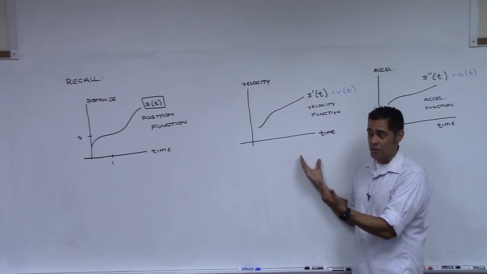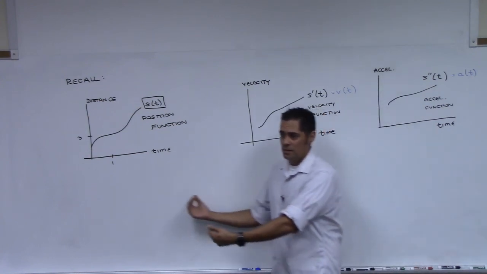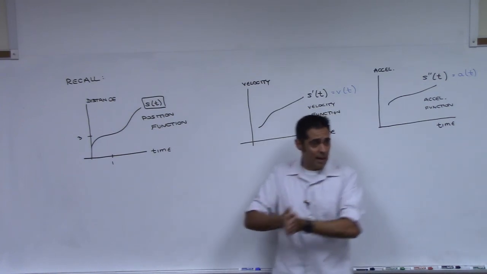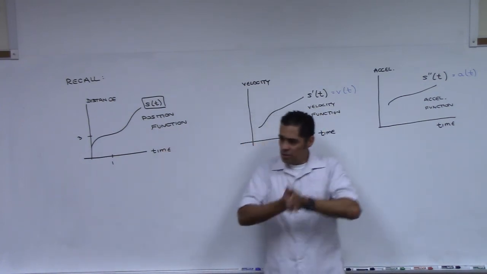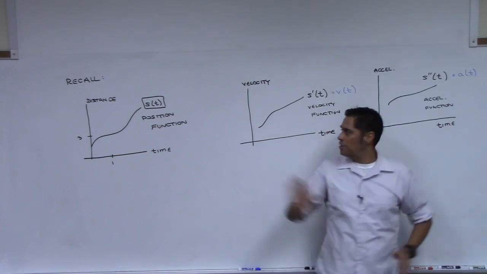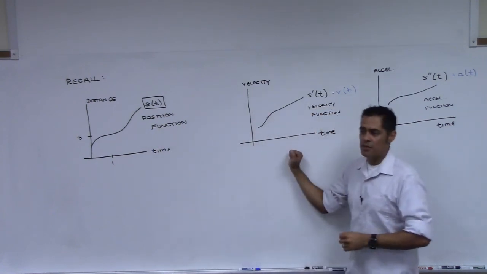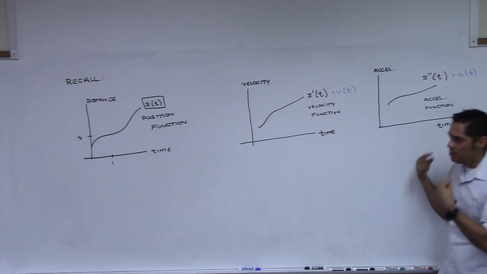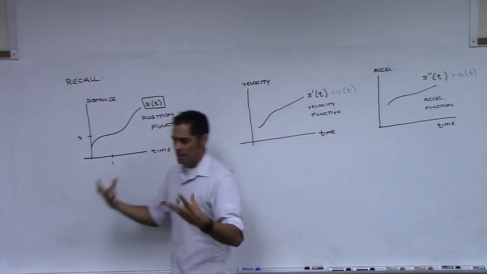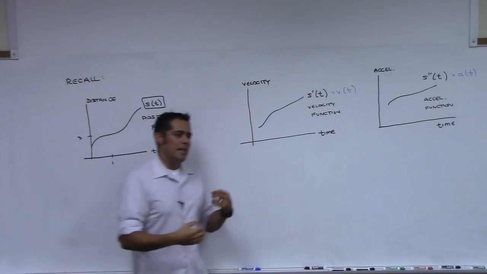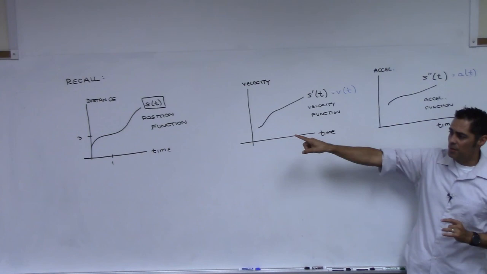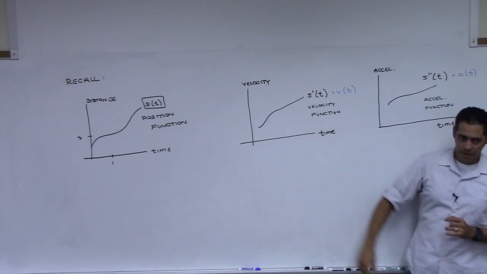It's a family of functions, right? And then if we went again, it's a family of functions. We lose information going backwards. Going this direction, we don't lose information, right? The derivative of this function is only one function, and the derivative of that function is only one function. So we have everything we need. But every time we try and go backwards, we lose something, right? So we need more than just the acceleration function given to us if we ever want to go back and get something's position, right?